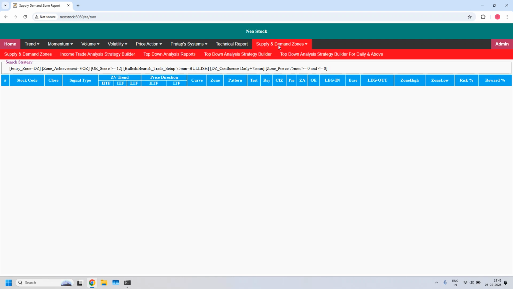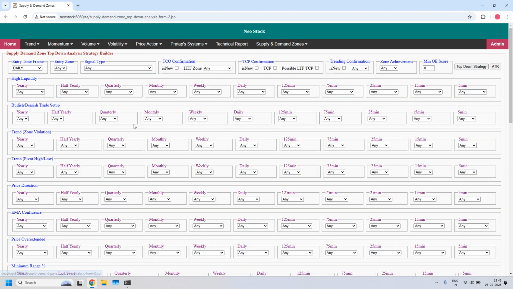Next, bearish trade setup for weekly income trade. Entry time frame 75 minutes. Entry zone supply zone. In bullish or bearish trade setup at 75 minutes time frame, I am selecting bearish. And we need to set three filters for 75 minutes supply zone.